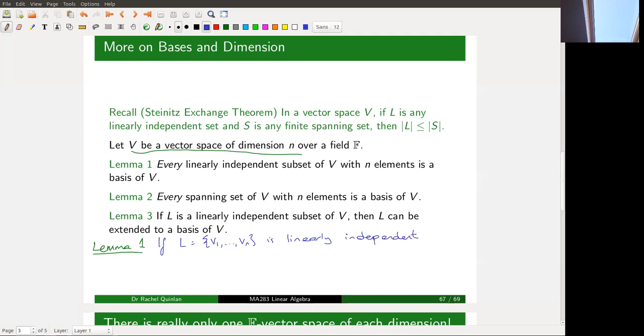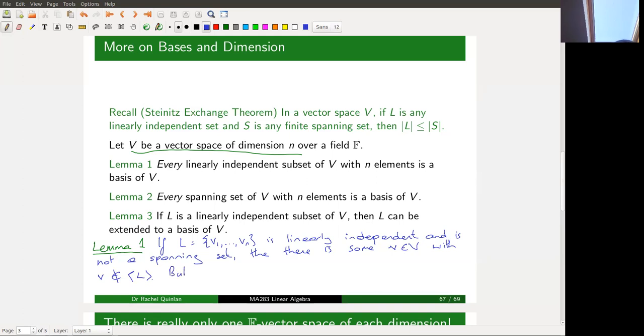What we want to show is that if L is linearly independent and has n elements, then it must be a spanning set, because that's what it means to say it must be a basis. But if it's not a spanning set, then there is some element v of the vector space which is not a linear combination of the elements of L. So it's not in the linear span of L.